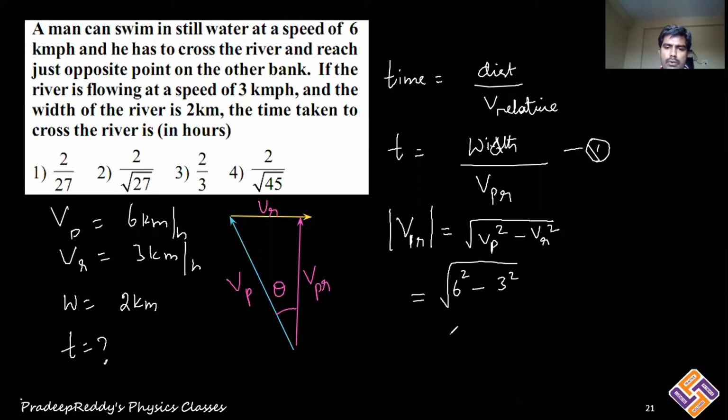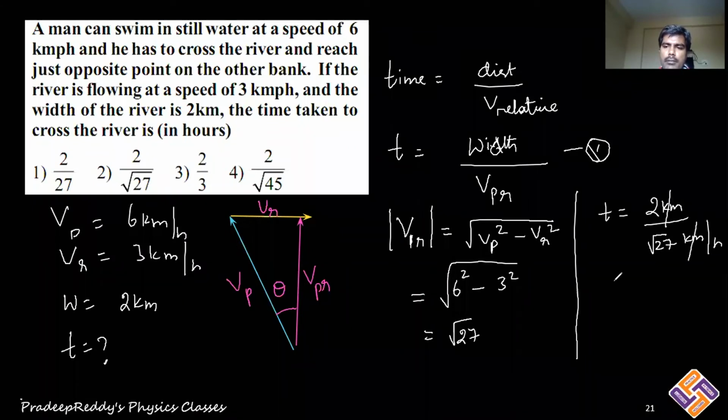This is equal to root 27. Therefore, time taken is equal to the width of the river, 2 kilometer, divided by root 27 kilometer per hour. Kilometer gets cancelled. Time taken is 2 divided by root 27 hours. This is the time taken to cross the river.